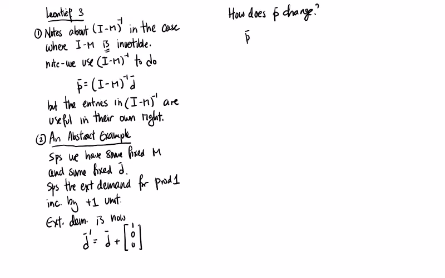Now we have P prime, the new production. The new production is that matrix times the new demand. So let's see what this is. This is multiplied by this, and this distributes because it's a matrix times a vector.